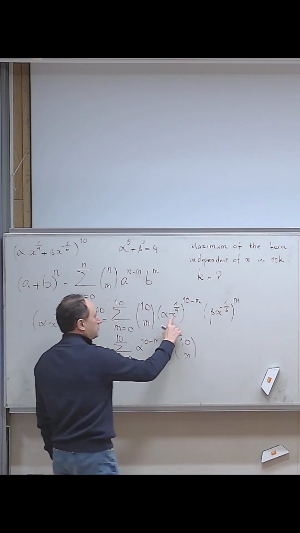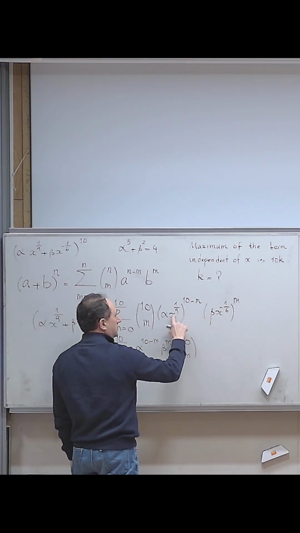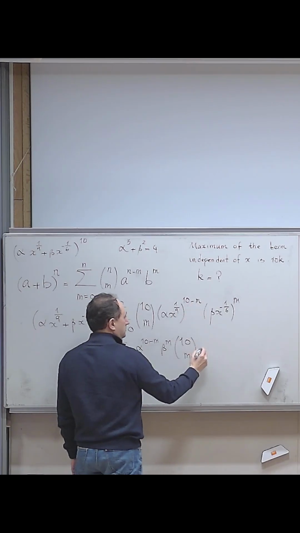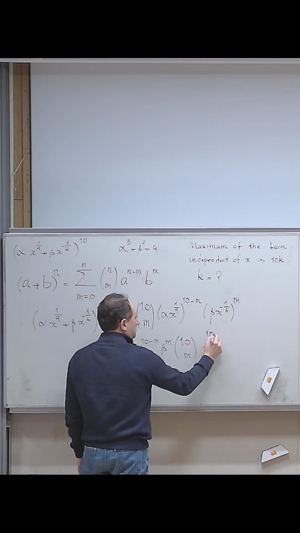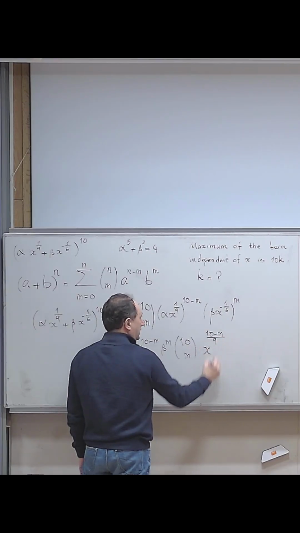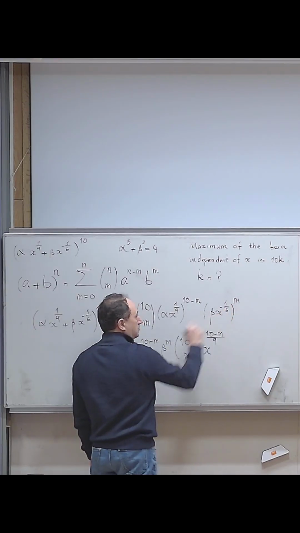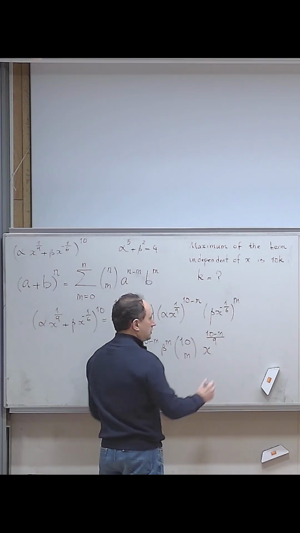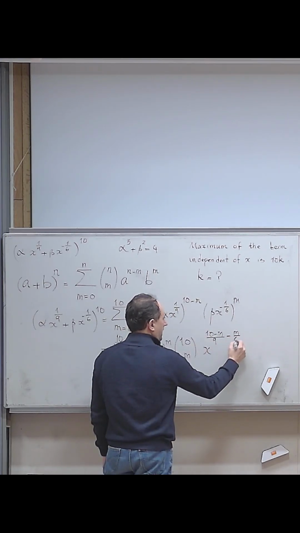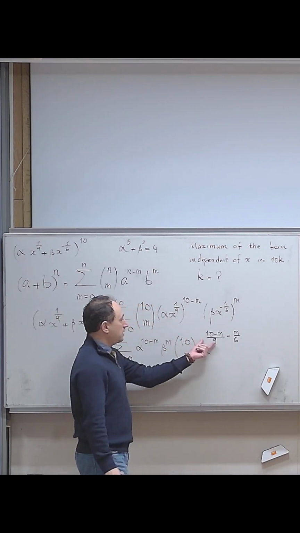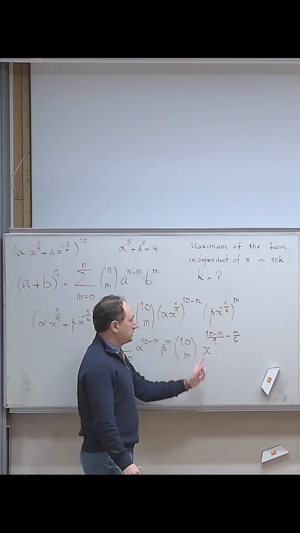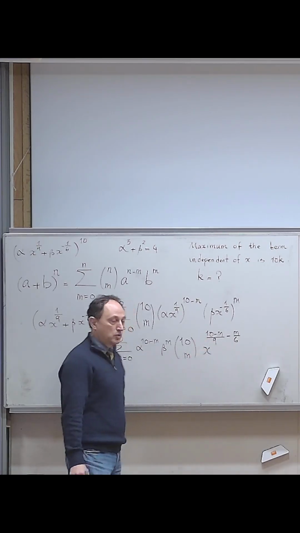And then here I have one x, another x here. These exponents will be multiplied, so it becomes (10 minus m) over 9, and this will be minus m over 6. But because the bases are the same, I can add the exponents. So x to this power times x to that power, I write one x, I add the exponents.